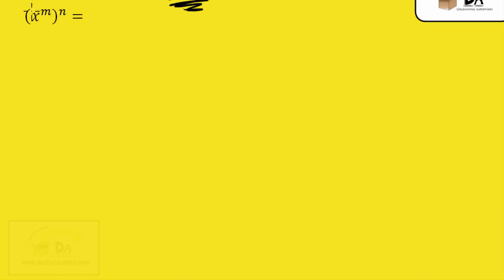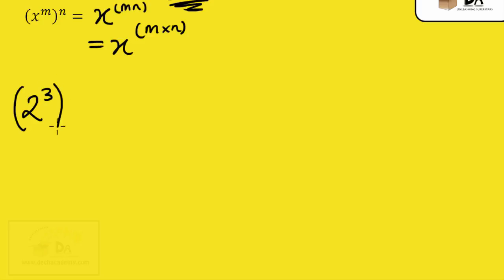The next law says x to the m, all raised to the power of n, is equal to x to the m times n. So here's an example. 2 to the 3 raised to the power of 4 is equal to 2 to the power of 3 times 4, which is 2 to the power of 12.